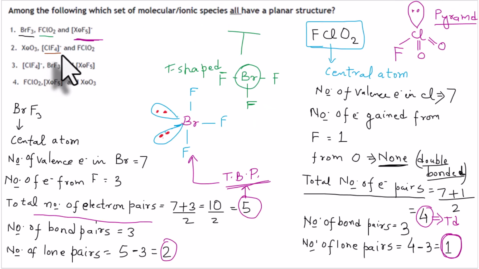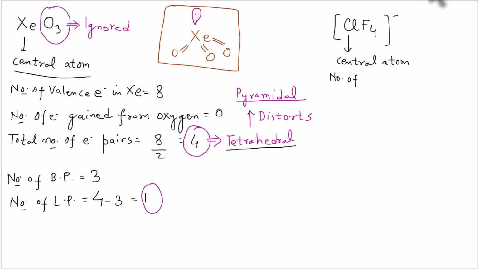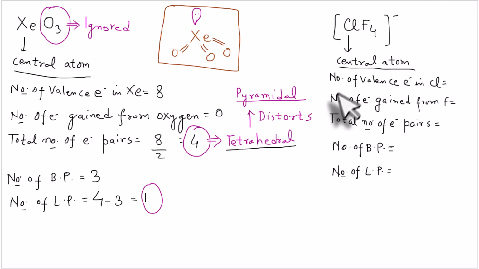Then the next is ClF4 minus. And if we look carefully, the rest of the structures are the repeated ones which we already saw in option 1 and 2. So last we will check ClF4 minus. Now in ClF4 minus, the central atom is chlorine. So the number of valence electrons in Cl is 7.